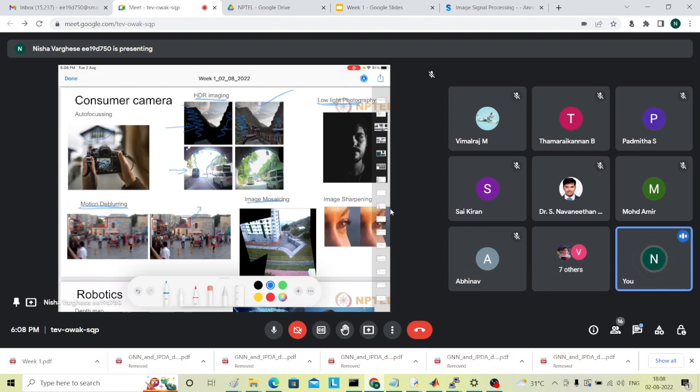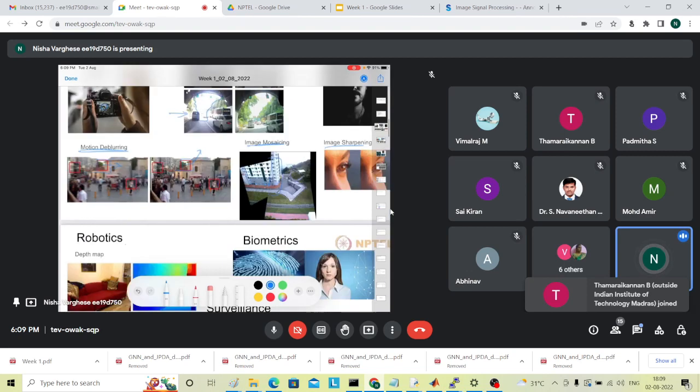We can't just serially overlap those images one by one, because that won't give the perfect scene. So we have to do some transformations on every image, and some transformation on the overlapped region. So that is the aim of image mosaicing. Image mosaicing is used to increase the field of view. Okay, then comes image sharpening. That one you already know.